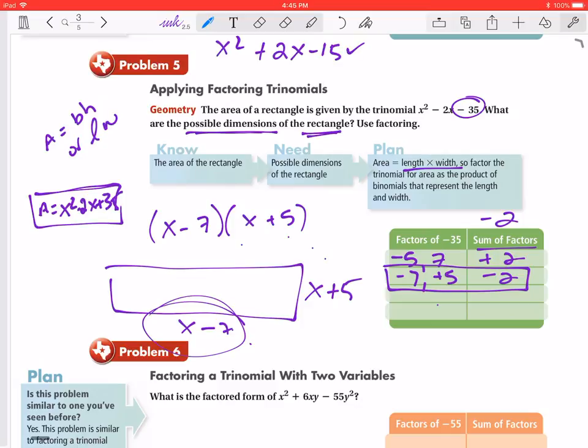In terms of the length and width, the x value has to be greater than 0, and it can't be 7, because 7 minus 7 will give us 0.